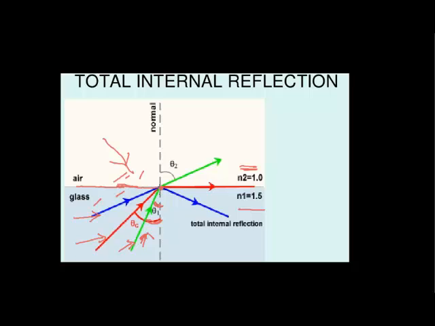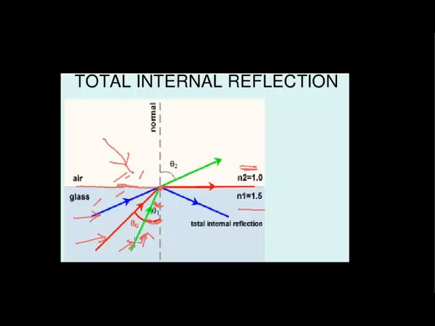So when it strikes the interface at a particular point, this point is said to be the point of incidence, right? So the green ray is striking the interface with angle theta 1, and it is undergoing refraction. So what is the condition of refraction?